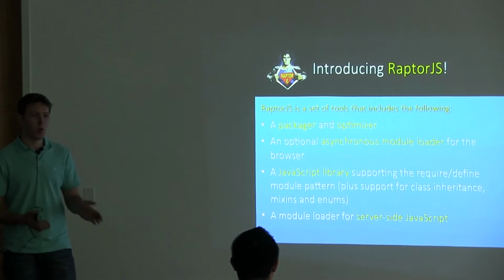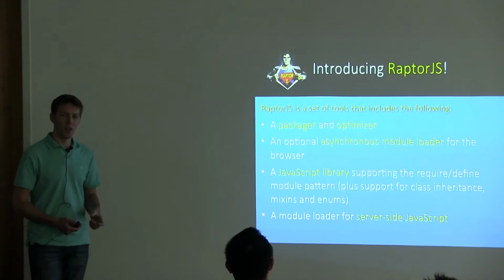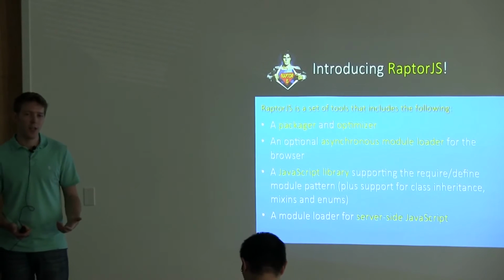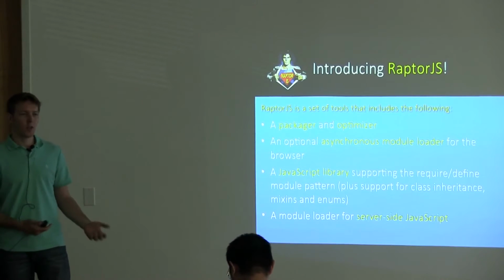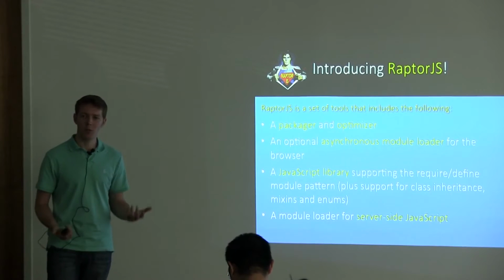So you want a way to include additional CSS and JavaScript code into your application. It also has a really tiny JavaScript library that makes it easy to define modules, supports the require/define module pattern, but also makes it easy to create classes with inheritance. It also supports mix-ins and enums, just things you're used to if you're doing object-oriented programming.